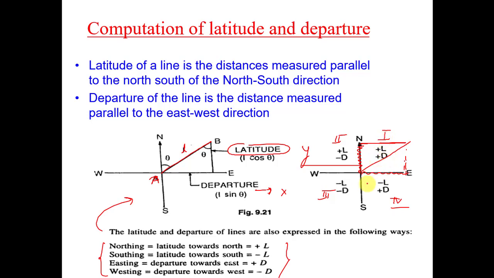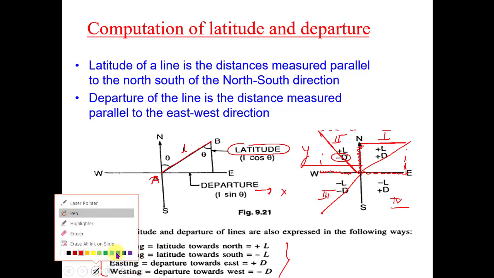But if we have a line in the second quadrant like this, the latitude must be positive but the departure lies on the negative axis. So this minus x-axis gives the value of minus D. And if I draw another line, let me change the color of my pen.